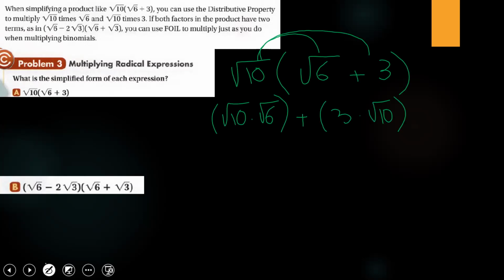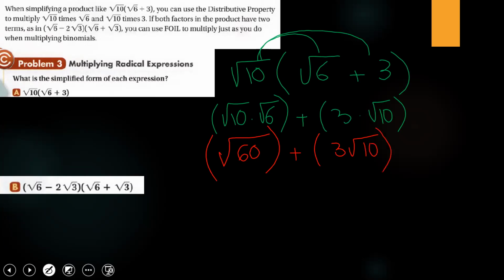Then, as we said before, square root of 10 times square root of 6 you can put in one square root, which is 60, plus 3 times square root of 10.